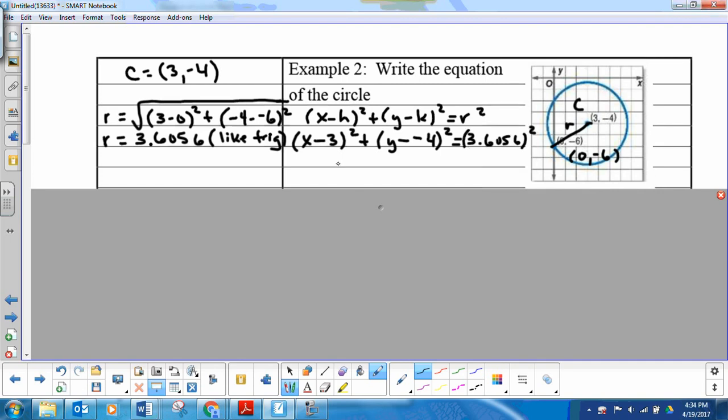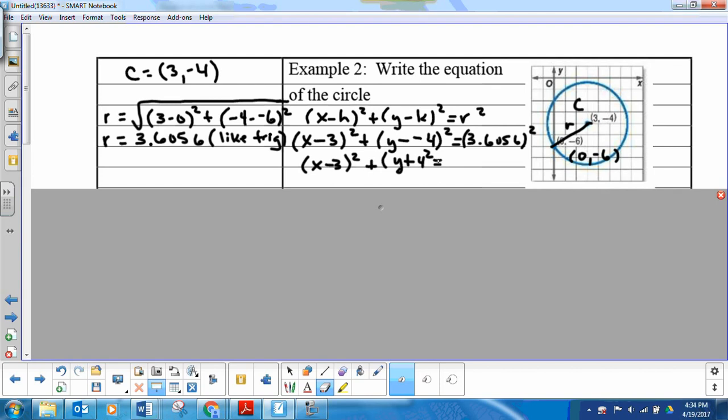When we do this, we need to clean this up just like we did last time. The x part is just going to stay the same. That's pretty already: (x − 3)². We don't like this to just say y minus a negative 4. We want to make this a positive, right? Minus a minus turns into a positive, so we'll do (y + 4)². Whoops, let me make this prettier.